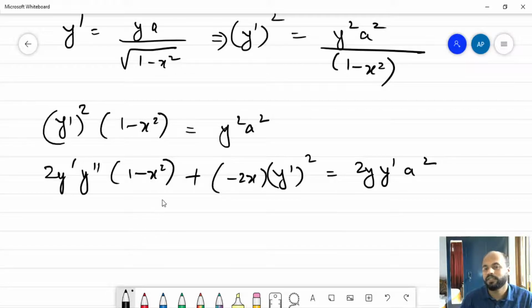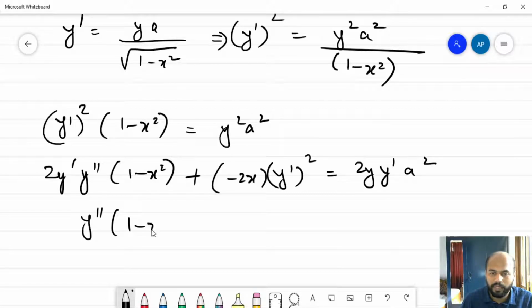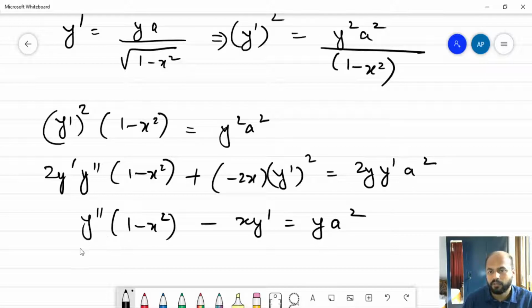That will be the answer to this question. Now divide throughout by 2y dash, and what we get is y double dash into 1 minus x square minus x y dash is equal to y a square. So this is what we wanted to prove, and we have already proved it.